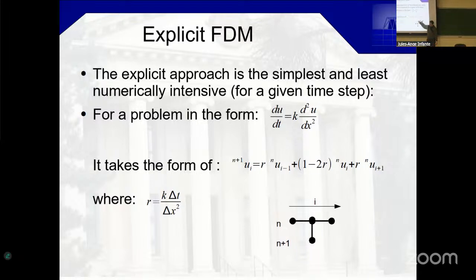So for a uniform soil, 1D, saying that R is smaller or equal to 1/2 is good enough. But once we start going in 2D, first the values of CV may be different in different directions, right? You may have different coefficients of consolidation or hydraulic conductivities or thermal diffusivity in different directions.